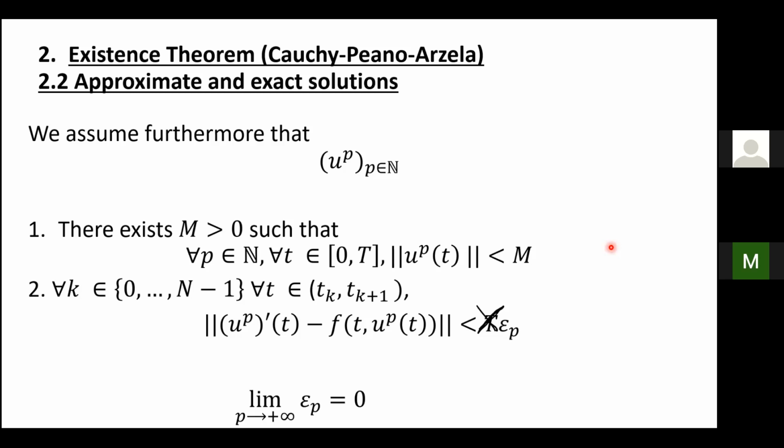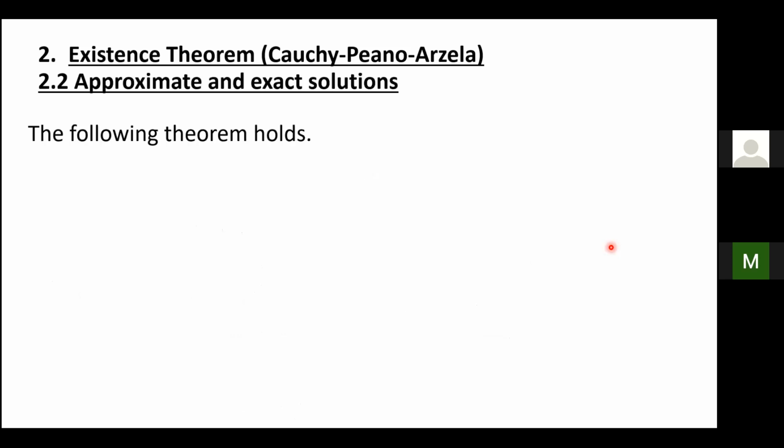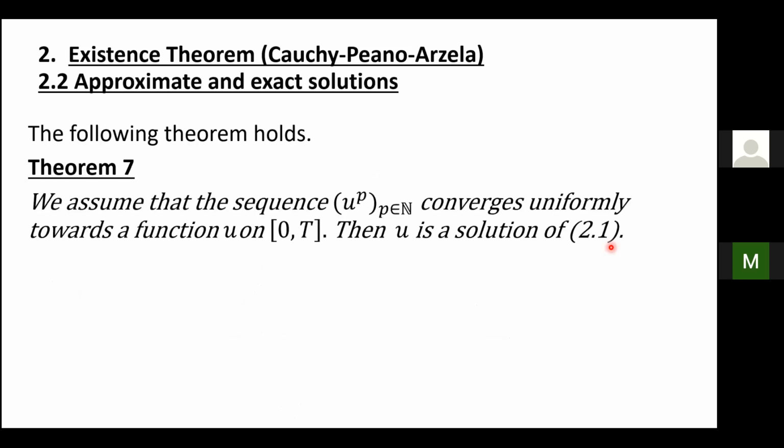Now, after, with this sequence, during this proof just now, we have proven that the sequence of functions provided by the Euler method is Lipschitz with a constant m.